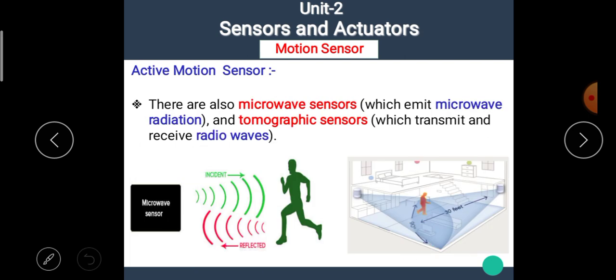There are also microwave sensors, which emit microwave radiation, and tomographic sensors, which transmit and receive radio waves.